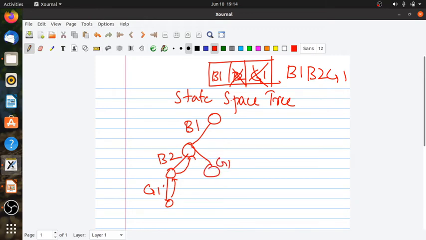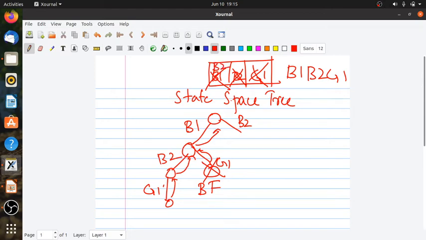When we add G1, the bounding function results. Why? Because G1 comes in the middle. This is called the bounding function, where we stop the further tree. So again we backtrack to the previous place, then again backtrack to the previous place. Next, the first place can be removed from B1, so we return to the parent node.